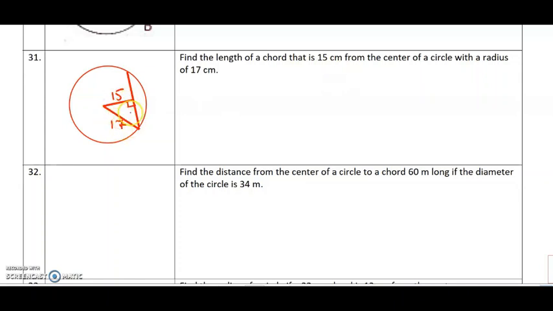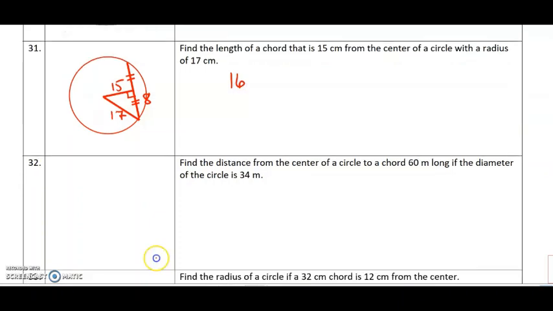That's another Pythagorean triple. So that part is 8. And if the radius is drawn perpendicular to a chord, then it bisects the chord, so the distance we're looking for is 16.